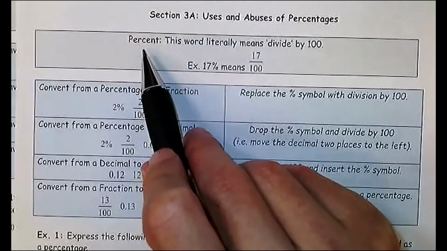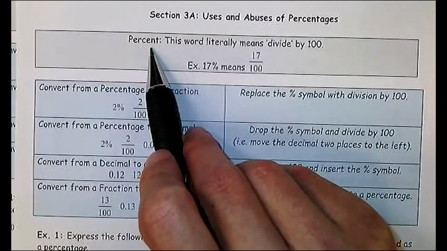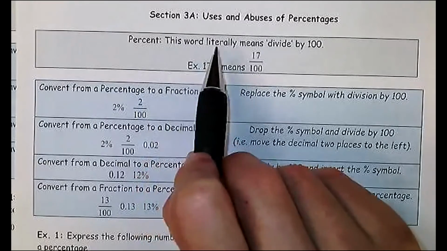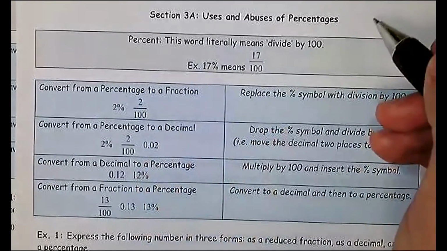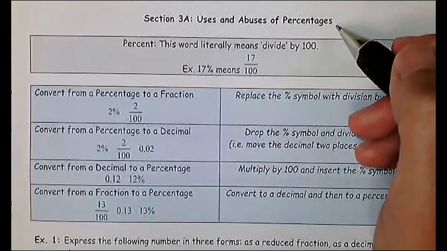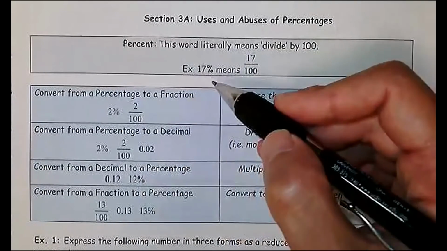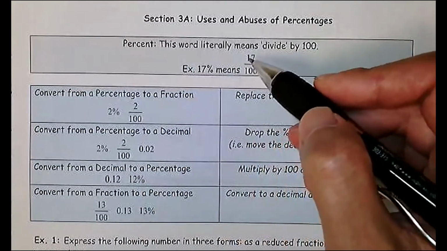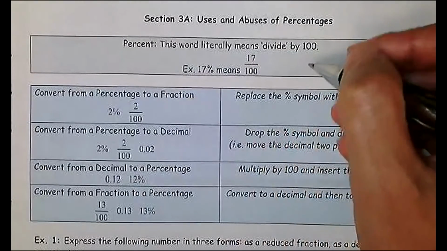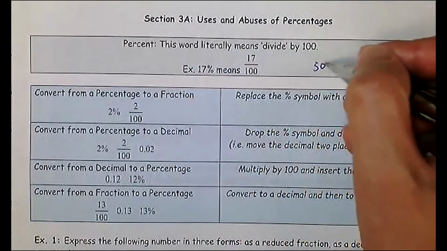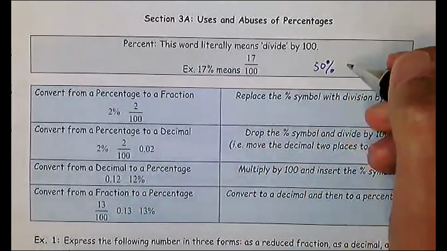First, everything begins with a definition. Percent. This word literally means divide by 100. So 17% means 17 over 100. Approximately 50% of our students are males.